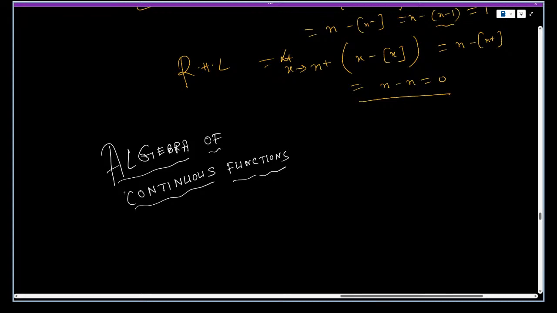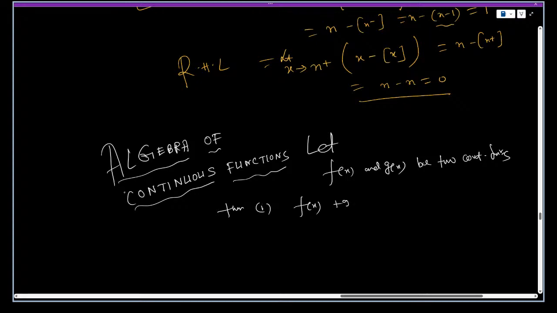For continuous functions, suppose there are two functions, f(x) and g(x). Let f(x) and g(x) be two continuous functions. Then their sum f(x) plus g(x) is continuous.